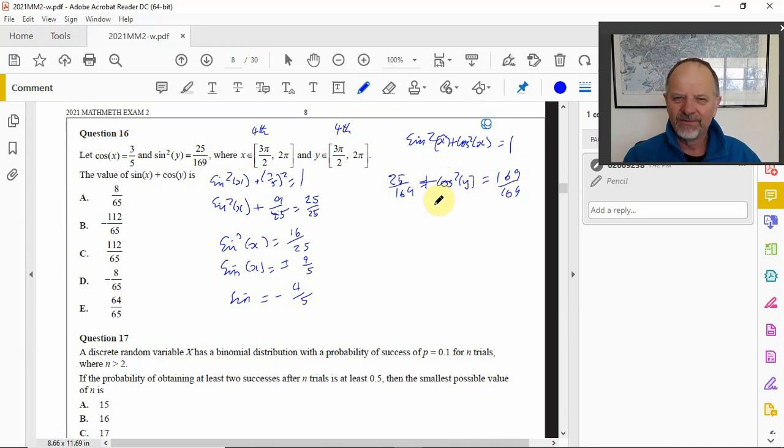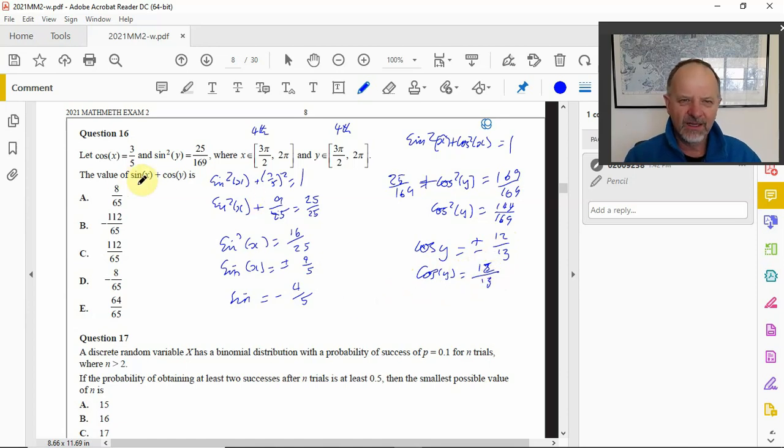So take 25 away, and you get cos squared of y is 144 on 169, and so cos of y would be plus or minus 12 on 13. Now of course it's in the fourth quadrant where cos is positive, so the cos of y is 12 on 13.